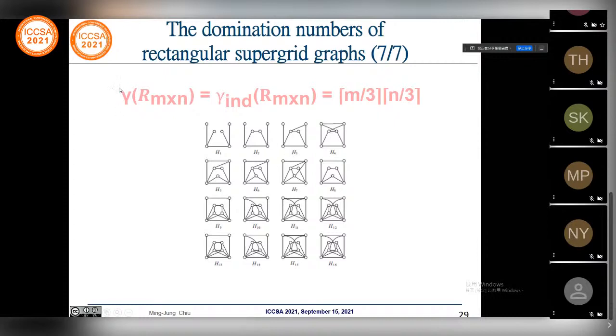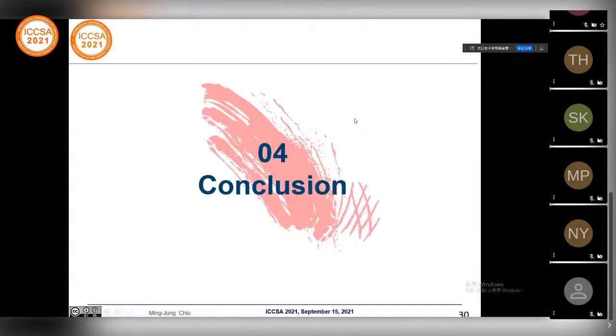So gamma of rectangular n by n equals gamma independent of rectangular n by n equals floor of n divided by 3 times floor of n divided by 3.